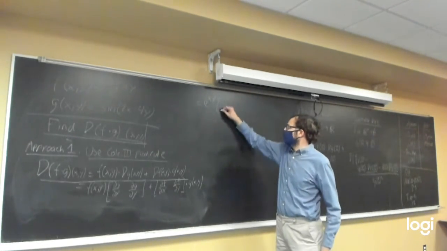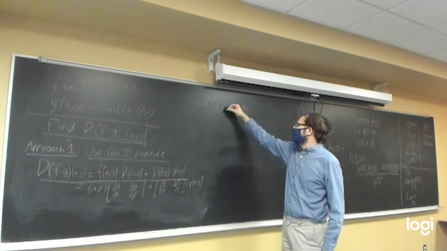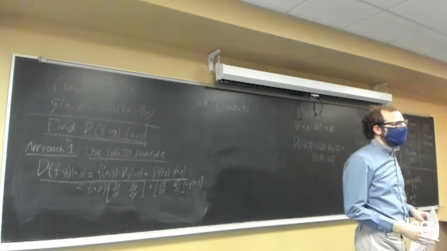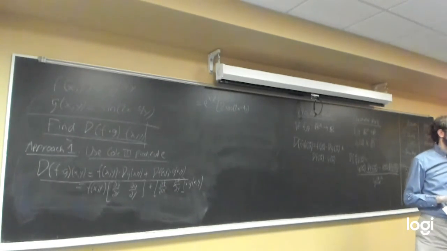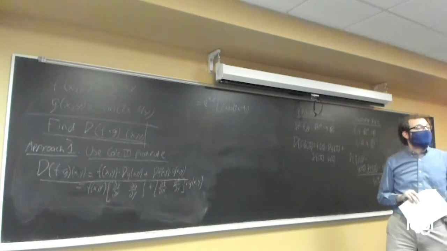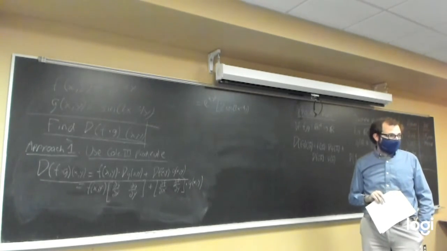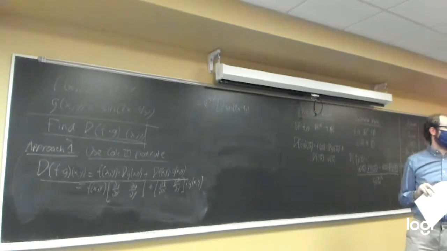I like it. 2 times cosine of 2x minus 4y. Where did this 2 out in front come from? From the inside, taking the derivative of 2x and just treating 4y as a constant. So it sounds like you're using the Calc 1 version of the chain rule here.